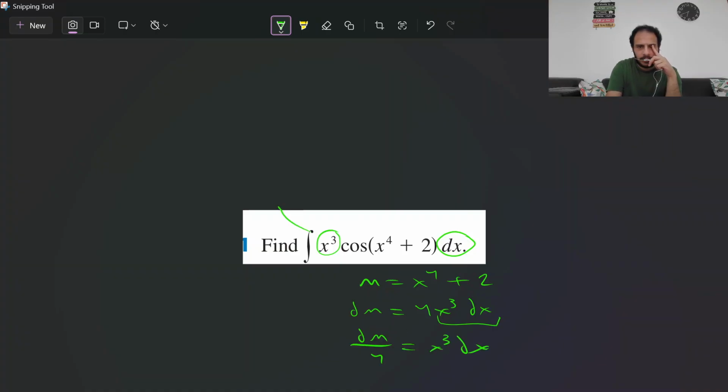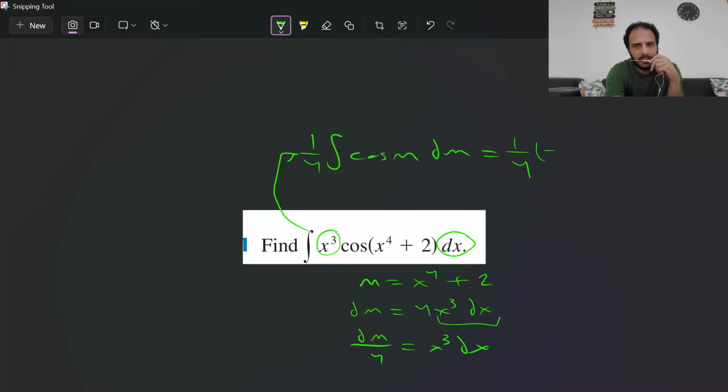So you get the integral, x cubed dx is 1 over 4. Take the constant out, 1 over 4. Then cosine m dm. What's the answer of this? 1 over 4 minus or positive sign.